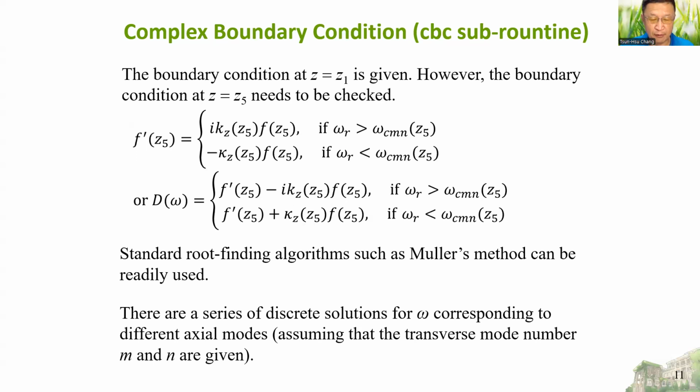Each transverse mode, each TEMN mode has many axial modes. L equal 0, L equal 1, L equal 2. Okay, various. Or L equal 1, L equal 2, L equal 3.